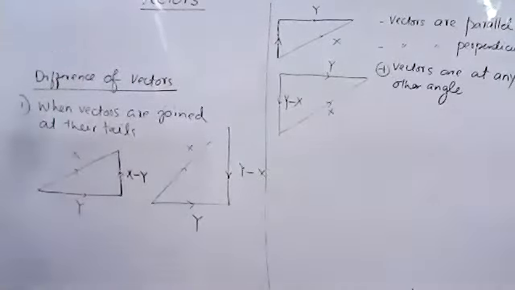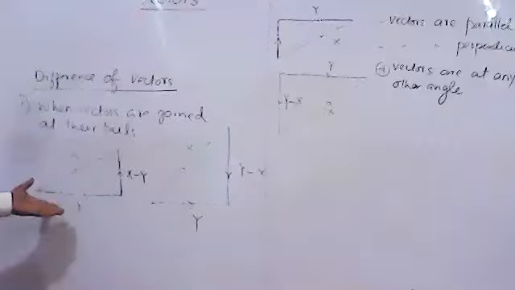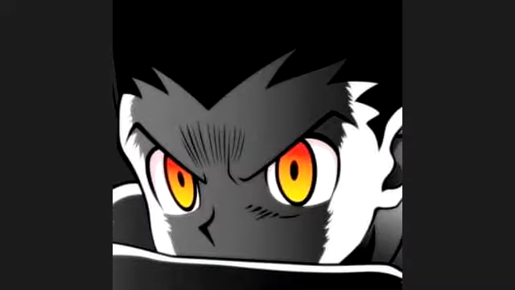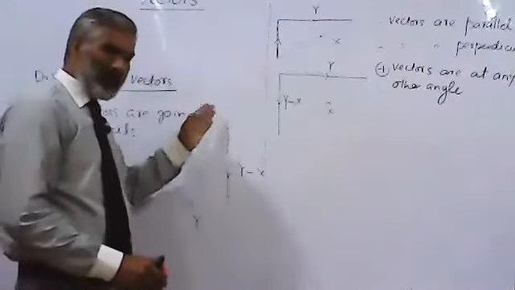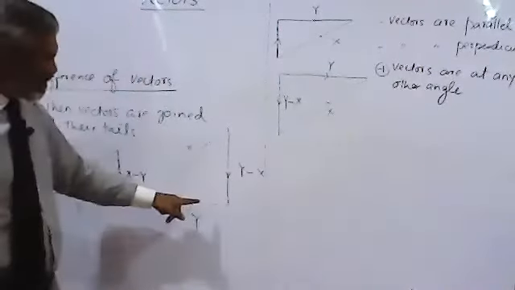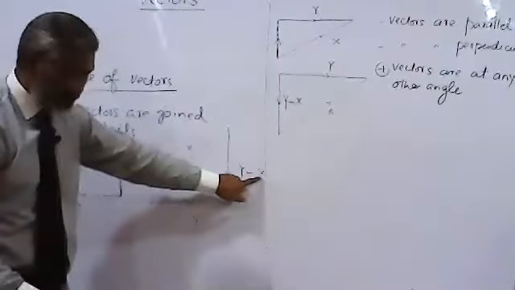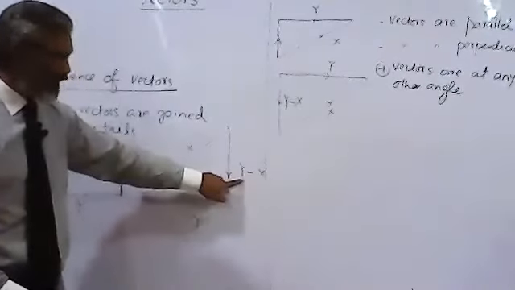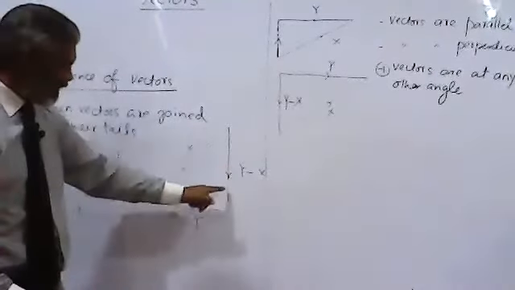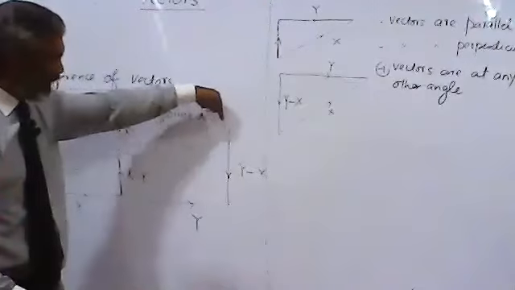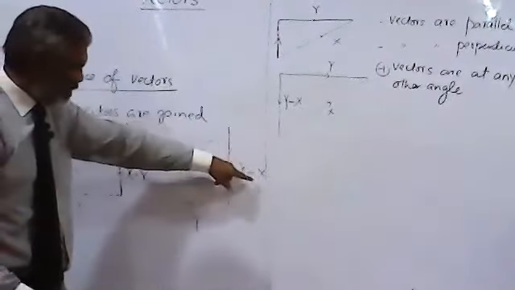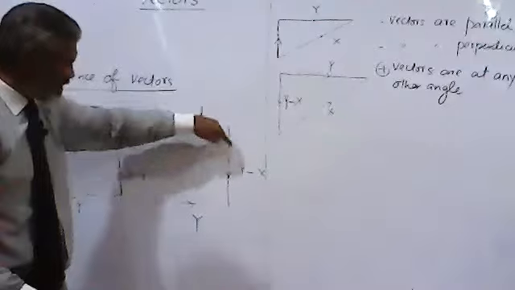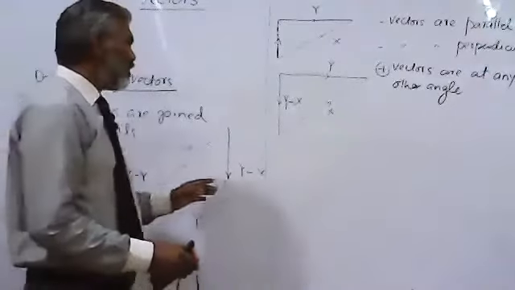If they ask you to find the vector starting from the head of this vector to the head of this vector, so x minus y starts from the head of x, y minus x, sorry, y minus x starts from the head of x to the head of y.